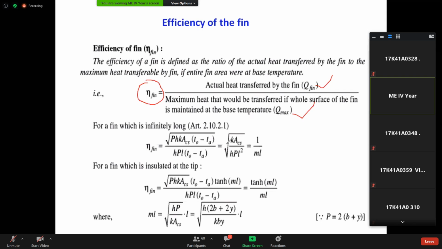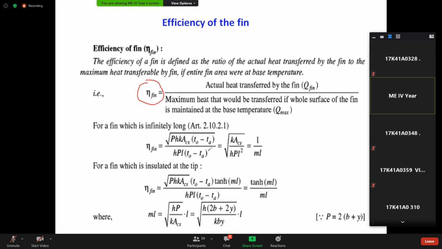If it is an infinitely long fin, we calculate Q fin. If it is a short fin with insulation, it is like this. If the short fin is not insulated, it is the big equation we just saw in the previous slide. That means it is the ratio of heat transfer through the fin divided by the maximum possible heat transfer. That is the efficiency of the fin.